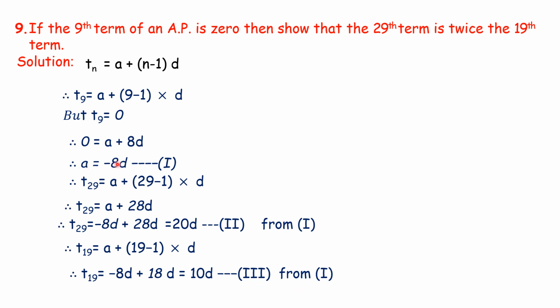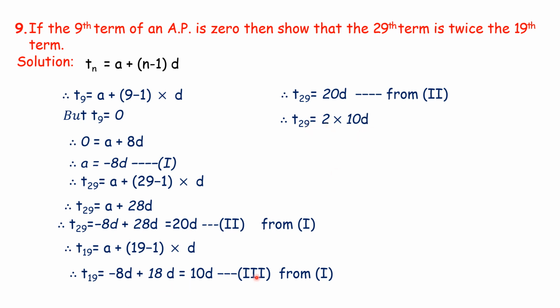What is statement number 1? a is equal to minus 8d. Therefore, the 29th term is equal to 20d. This is the second statement. Now, the 29th term we write in this way: 2 into 10d.